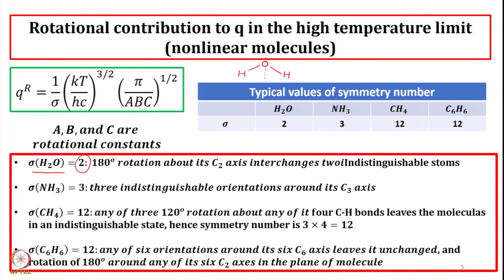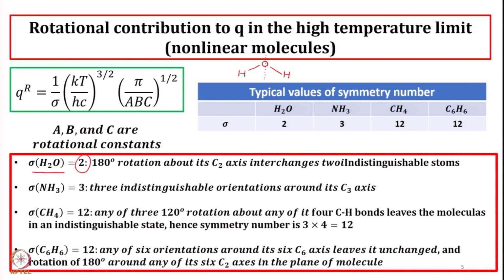Now consider ammonia. If you consider its C3 axis, you will see that every 120 degree rotation will leave the molecule in an indistinguishable form. I repeat, take the C3 axis and rotate the ammonia molecule: every 120 degree rotation will leave the molecule in an indistinguishable state.